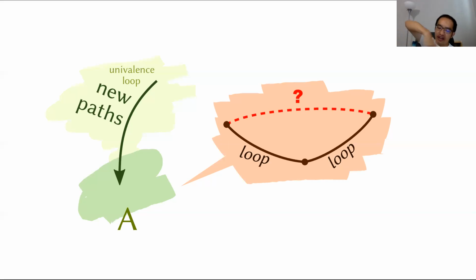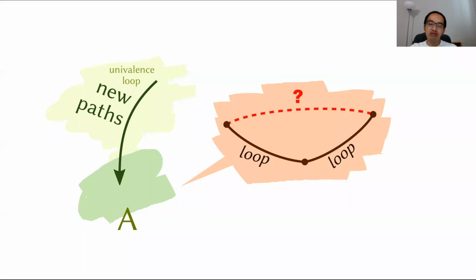So that would be a concatenation of n loops, or you can also go around, for example, the reverse of it. However, a priori, if we're just saying that there is a loop as a path, nothing forces the existence of this additional path induced by this new path that we think should exist. So for example, here on the screen is a very simple example.